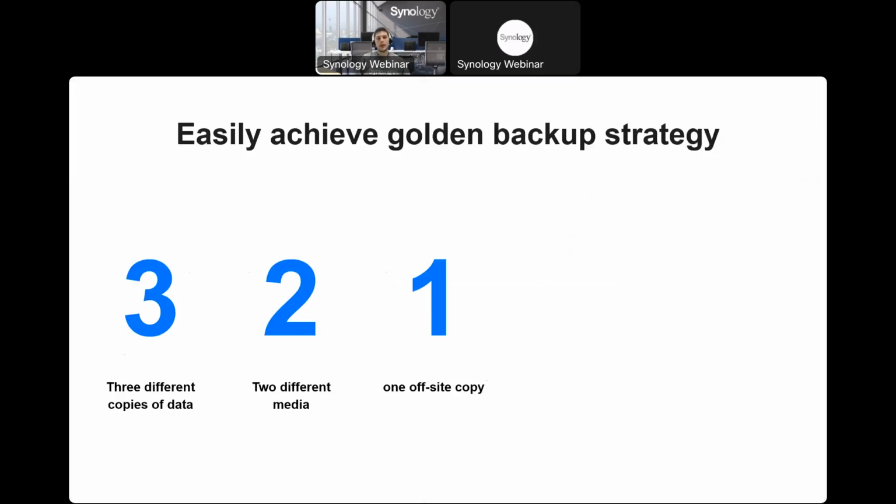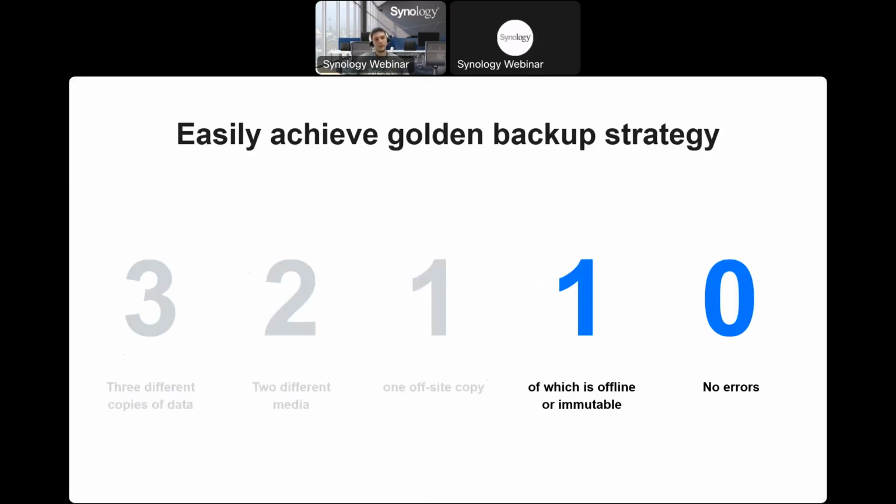So with the help of the offline backup function, what I just mentioned in the previous slide, we are not just going to try to achieve Synology's famous 3-2-1 backup rule, but also we will make sure that one of the backups is offline or immutable and whole backup without any errors to ensure the recoverability.